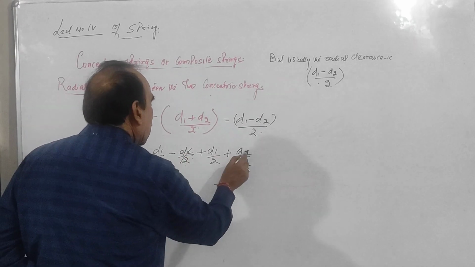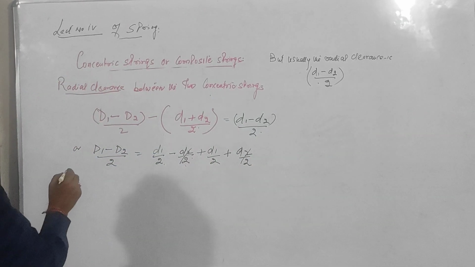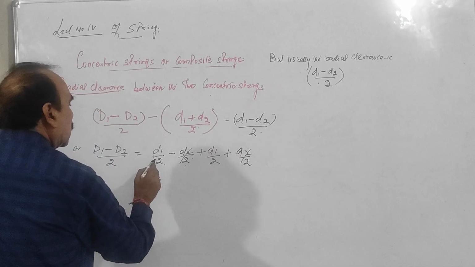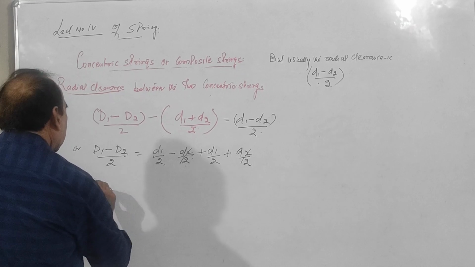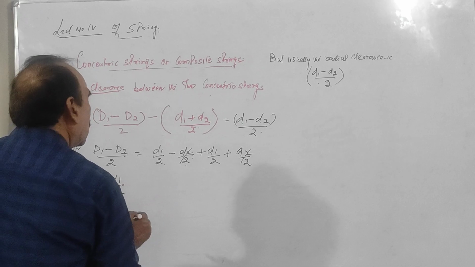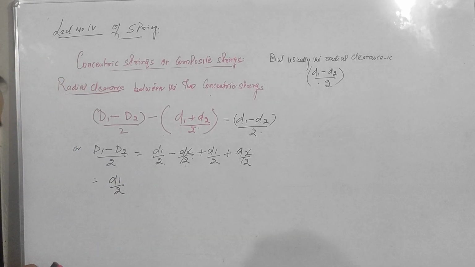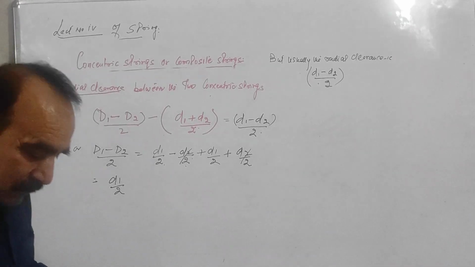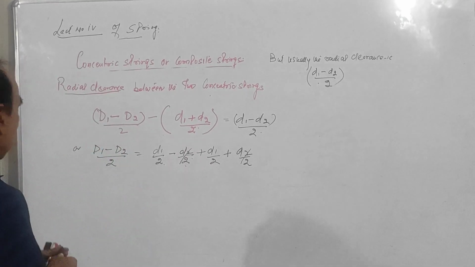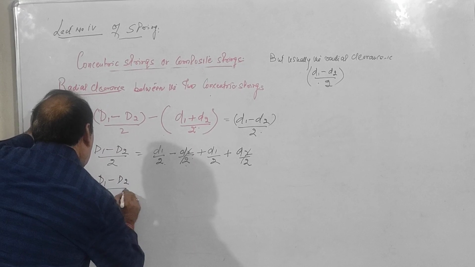So d और d आपका कैंसिल हो जाएगा, राइट? तो d आपका आएगा d1 by 2, or you can say this is d1 minus d2 by 2.